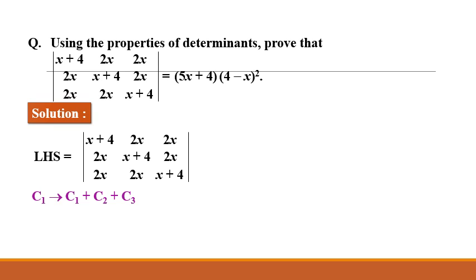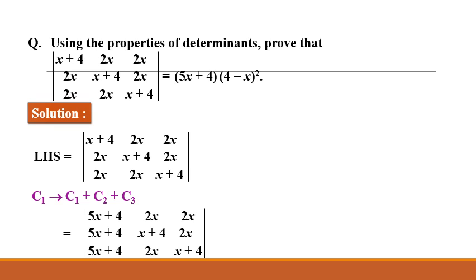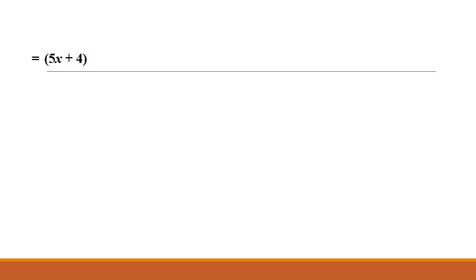In such a case, we can either apply the row operation R1 implies R1 plus R2 plus R3, or C1 implies C1 plus C2 plus C3. So we will consider the column operation. The elements of C1 will change to 5x plus 4, 5x plus 4 and 5x plus 4. So 5x plus 4 is common in C1, and we get 5x plus 4 times the determinant 1, 2x, 2x; 1, x plus 4, 2x; 1, 2x, x plus 4.